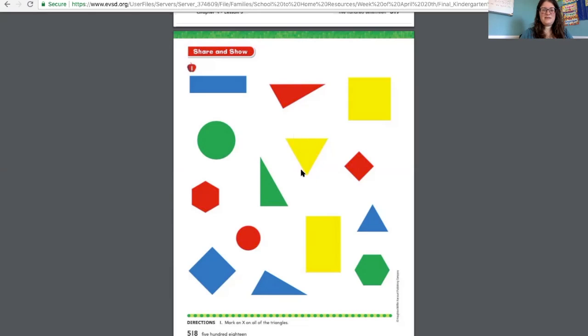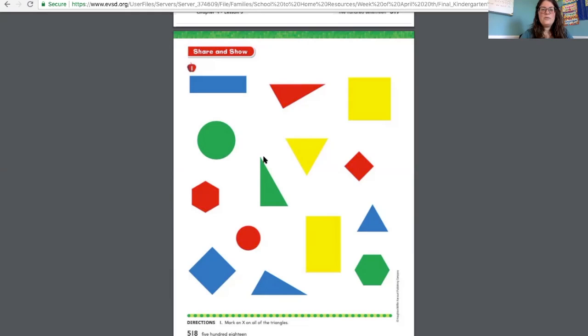This one is called an equilateral triangle because all of the sides are equal. But this one is a different kind of a triangle. It has a long side here and a long side here and then a shorter one here. This is called a right triangle. And let's see, does it have the same amount of sides and vertices as this triangle here?